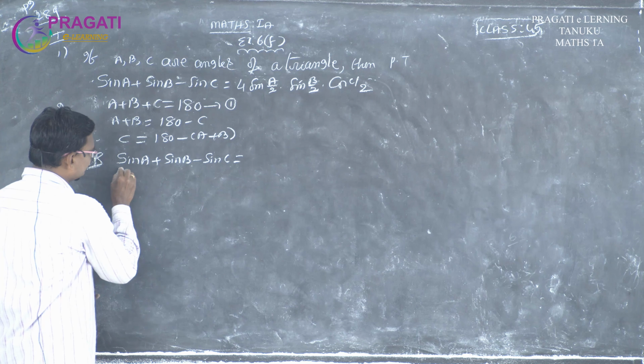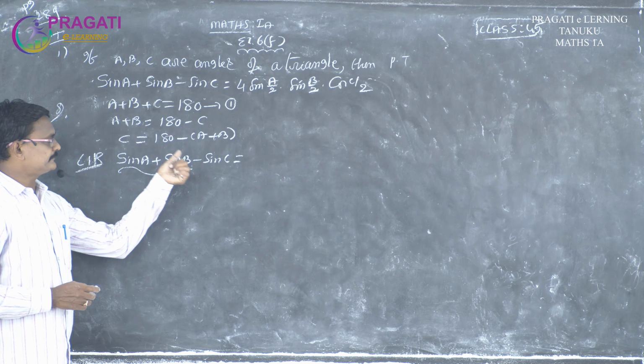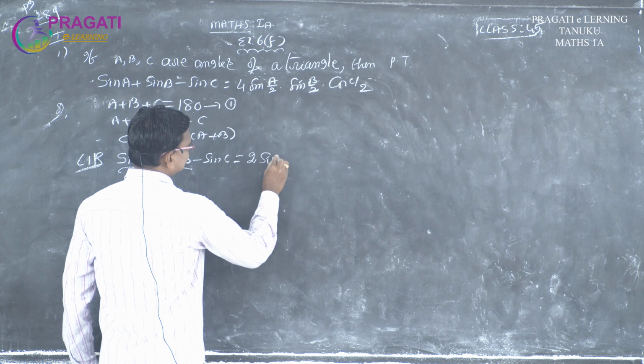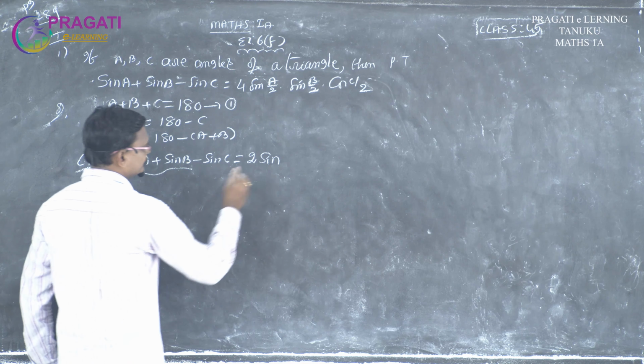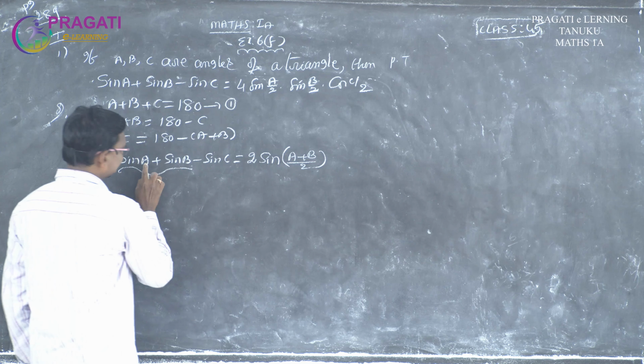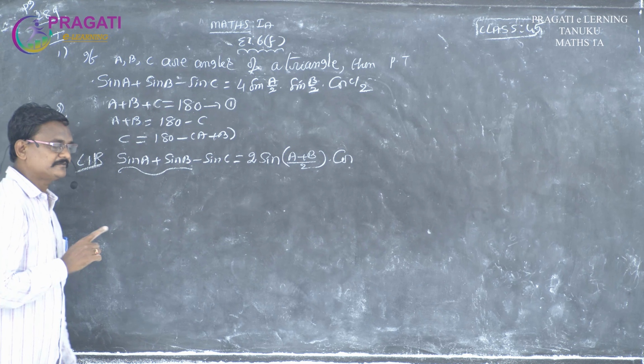Now the first two terms are just like sin C plus sin D. The standard formula is 2 sin((C+D)/2) into cos((C−D)/2).